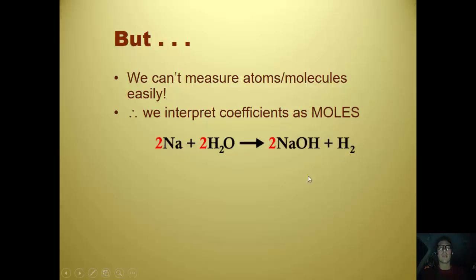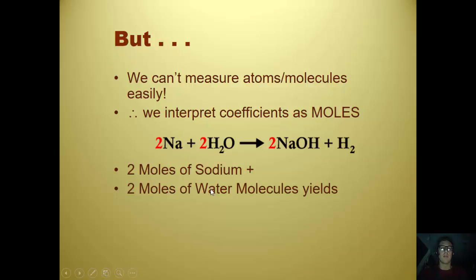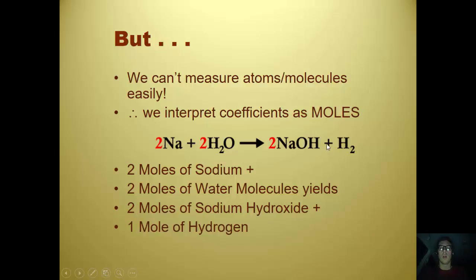So what this really means is 2 moles of sodium plus 2 moles of water molecules yields 2 moles of sodium hydroxide and 1 mole of hydrogen. That's what we're dealing with here. Because we can measure moles and we can see moles. These are quantities that we can actually work with, since we need so many darn atoms or molecules.